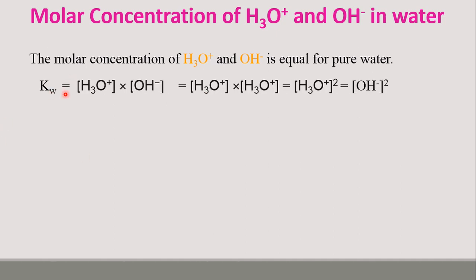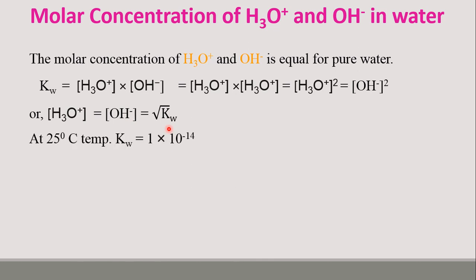That means Kw equals hydronium ion concentration times hydroxyl ion concentration, equal to concentration of hydronium ion times concentration of hydronium ion, that is concentration of hydronium ion whole squared. In the same way, we can write Kw equal to concentration of hydroxyl ion squared, or concentration of hydronium ion and concentration of hydroxyl ion equal root over Kw.